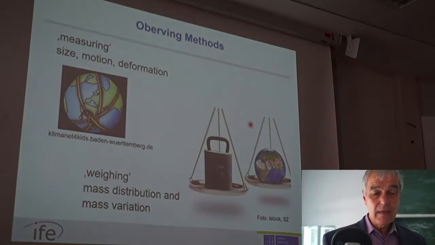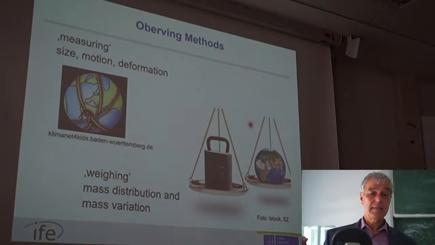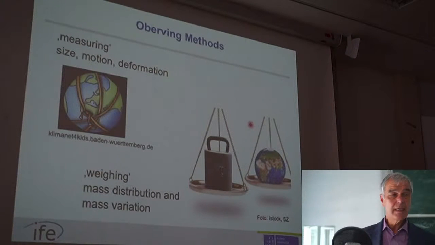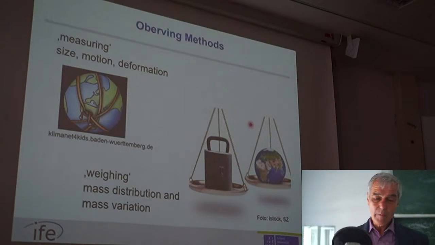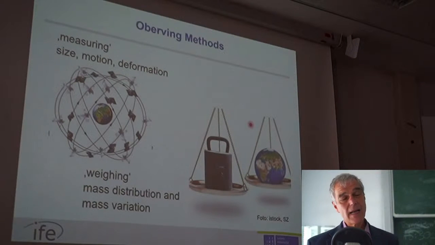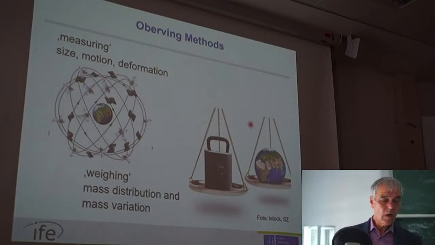Okay, so what are our observing methods? We want to determine the size, the motions, deformation of the Earth. We want to determine its mass distribution inside the Earth, on the Earth, and which methods do we use? Normally we are using satellites, and what you may know is GPS satellites, so that we use, as you do it in your mobile phone, we do our positioning, our navigation, if you look at maps, using the GPS system.